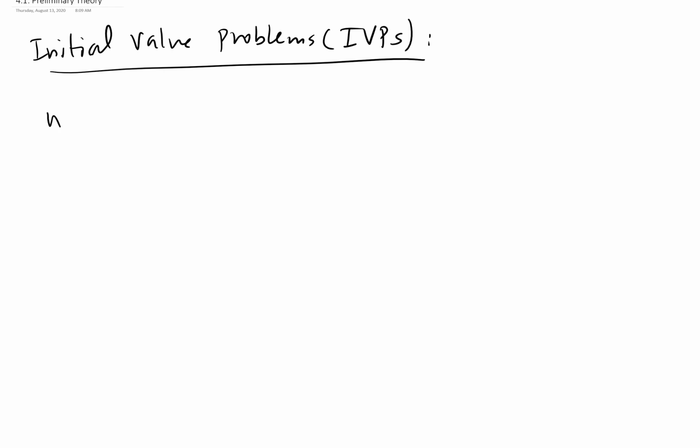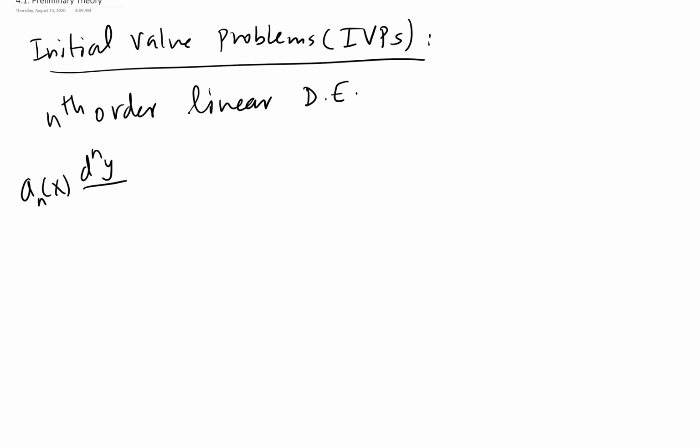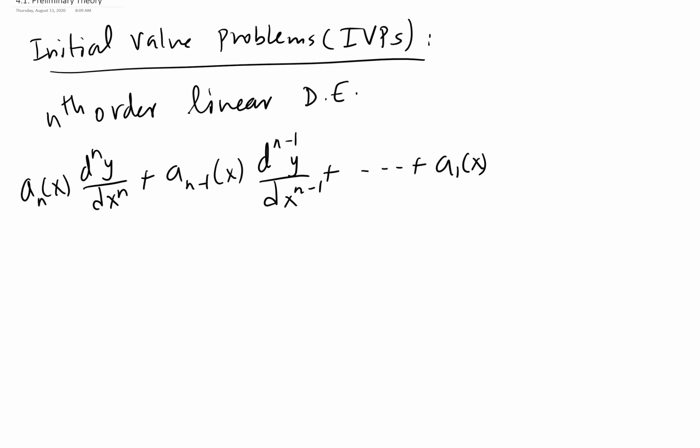So recall the nth order linear differential equation written in the form a sub n of x times the nth derivative of y with respect to x, plus a sub n minus 1 of x times the (n minus 1)th derivative, plus and so on, plus a1 of x dy/dx plus a0 of x y equals g of x.